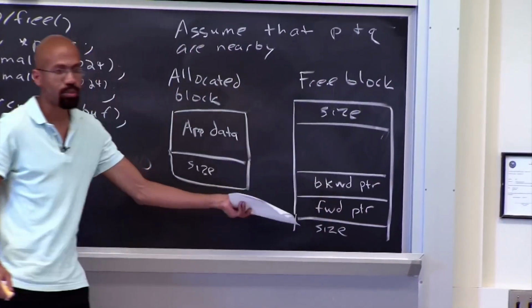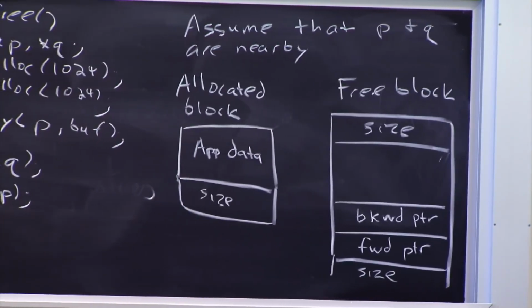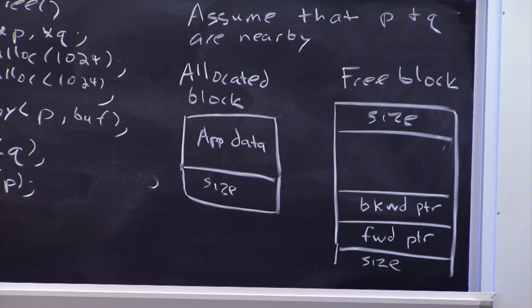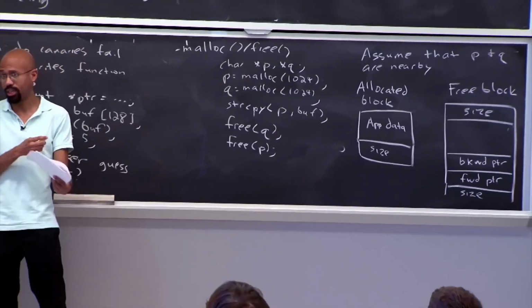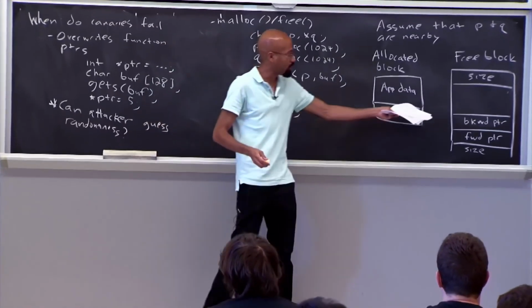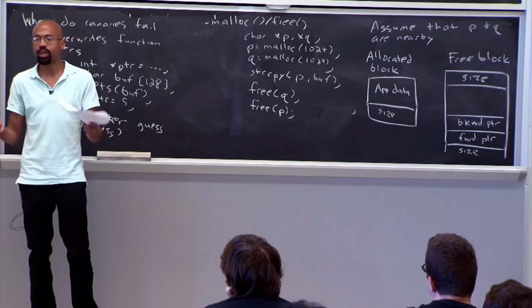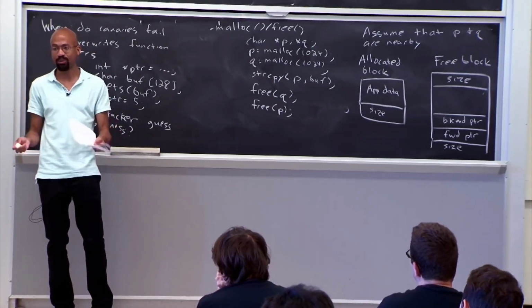Now, why do we have these two pointers here? Well, it's because the memory allocation system, in this case, is using a doubly linked list to track how the free blocks are related to each other, right? So when you allocate a free block, you take it off of this doubly linked list, and when you deallocate it, you do some pointer arithmetic, fix these things up, and then add it back to that linked list. As always, whenever you hear pointer arithmetic, you should think chicanery, because that's where a lot of these problems come about.